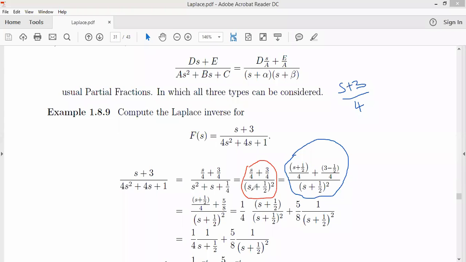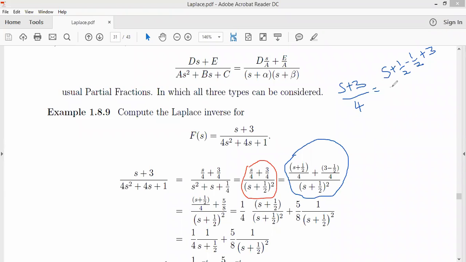But since this has s plus a half, given that I have to express this, remember we also looked at exponential functions, it would be wiser to express this numerator in terms of these halves. For me to do that, I just have to come up with an identity. So this can simply be the same as s plus a half minus a half plus 3.